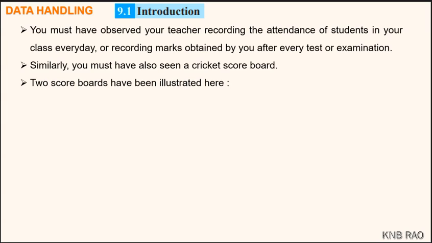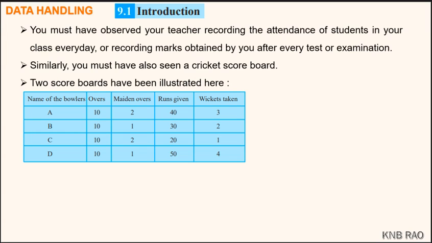First one will be a table showing the performance of bowlers, where the names of bowlers are A, B, C, D, and the number of overs that they bowled, 10 overs each, and the number of maiden overs made by them is given as one column, and the number of runs given by them is shown as another column, and finally the number of wickets that they could take is given as the fourth column.